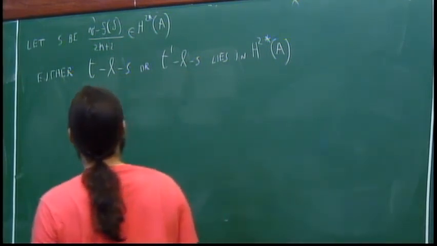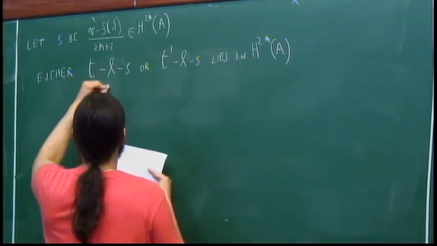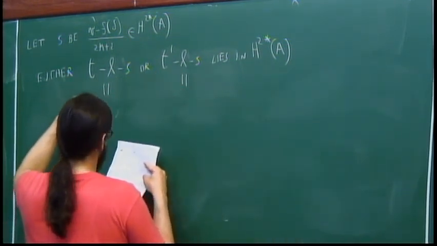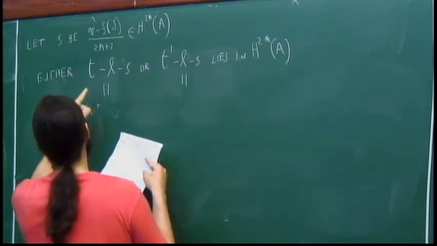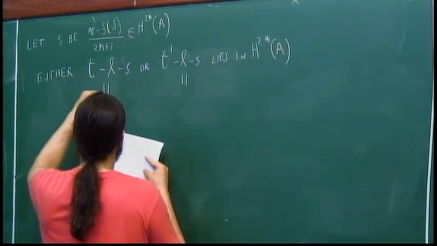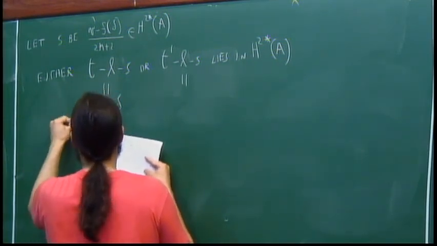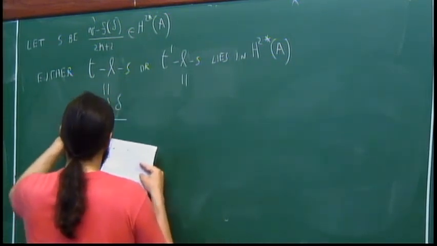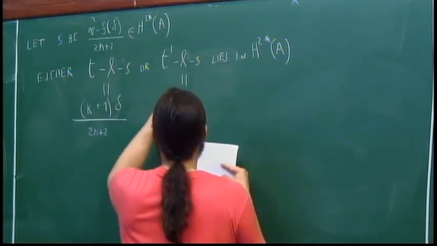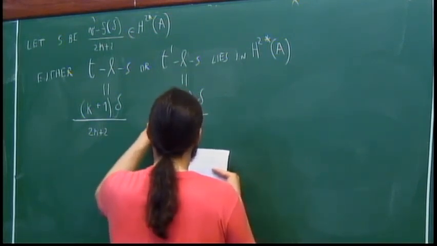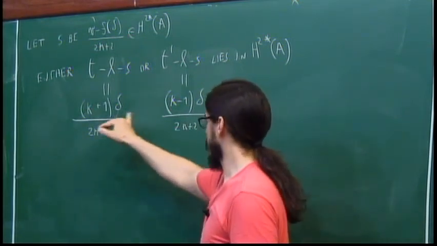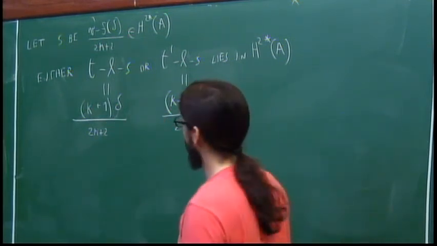And here comes the contradiction, because this is K plus 1 times delta divided by 2n plus 2, and this is K minus 1 delta divided by 2n plus 2. Perhaps I got the signs wrong. That's quite likely.